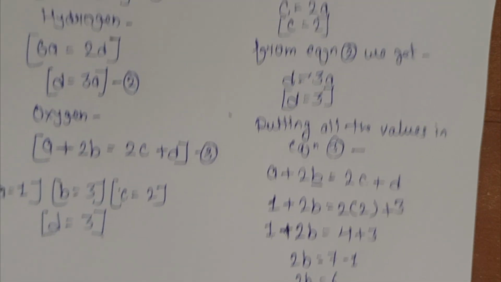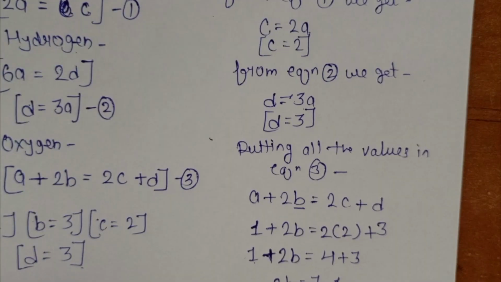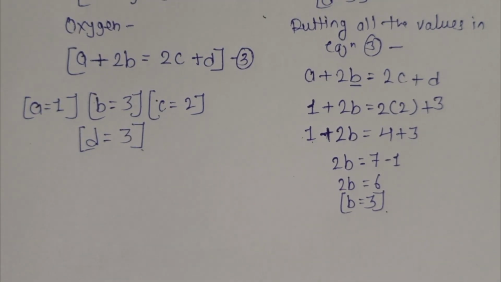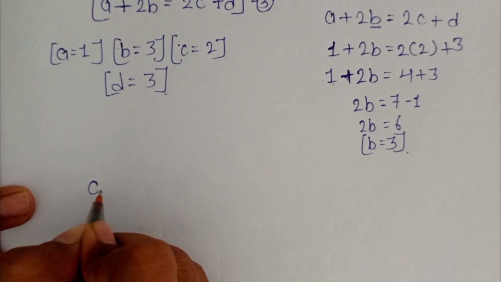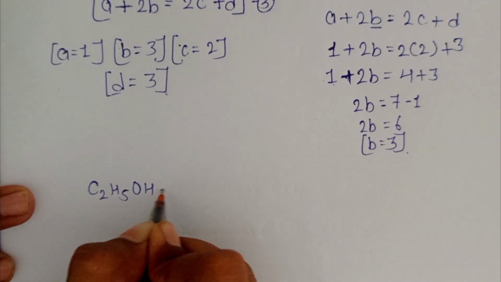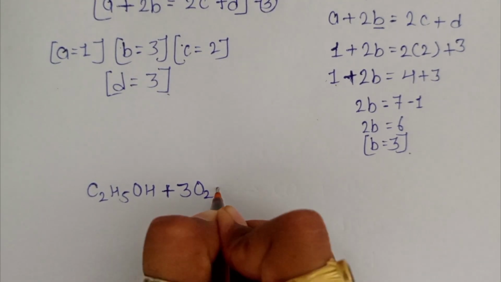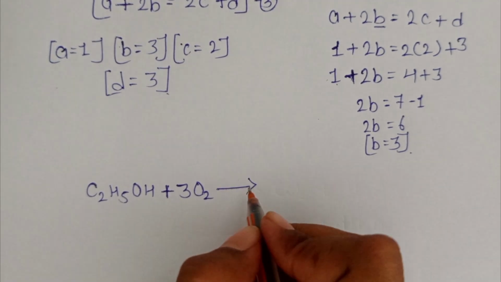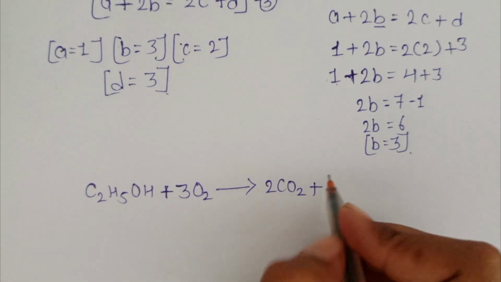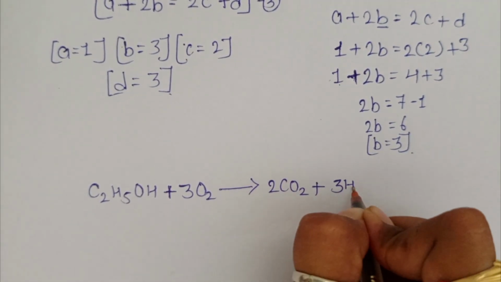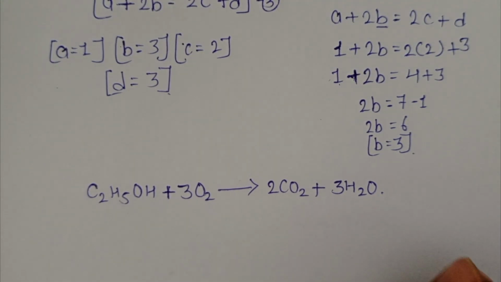Now on putting the values of these coefficients in the equation, we will get C2H5OH plus, as B is equal to 3, 3O2. On the product side, C is equal to 2, means 2CO2, and now for D is equal to 3, we'll get 3H2O. This is now our balanced chemical equation.